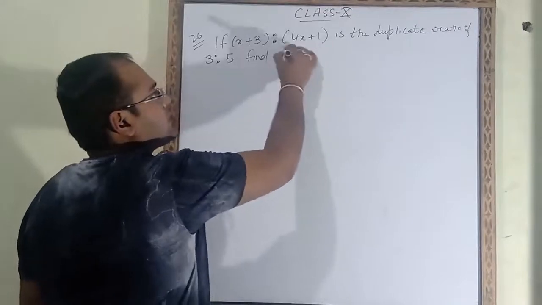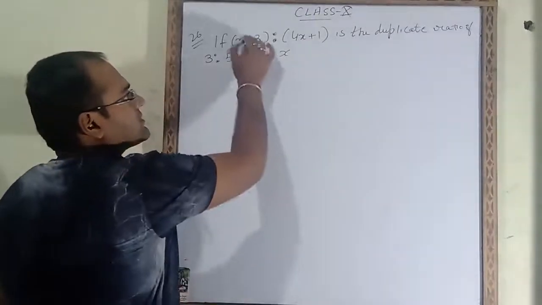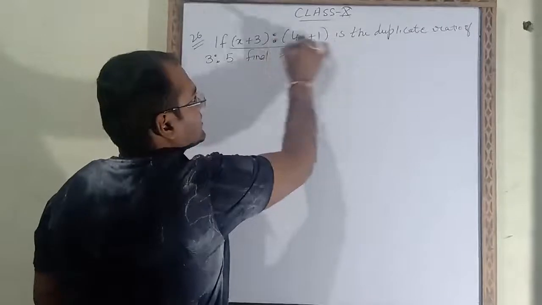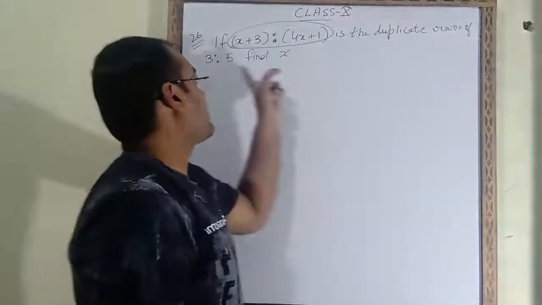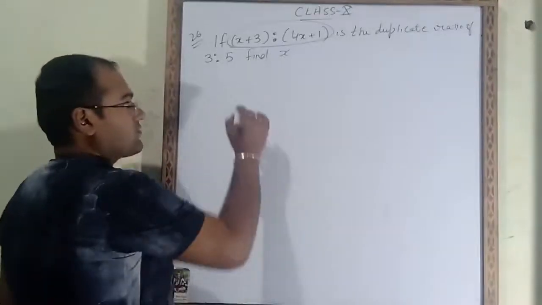You have to find x. What is that? This ratio is the duplicate ratio of 3:5. So we will use the formula here.